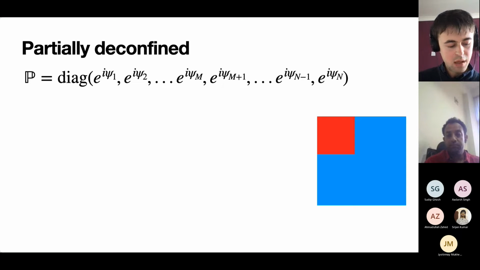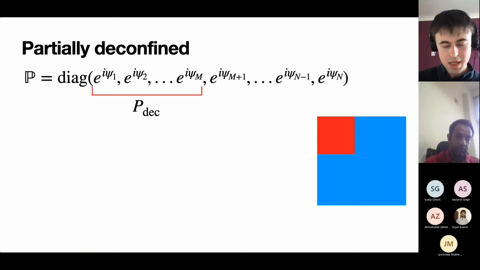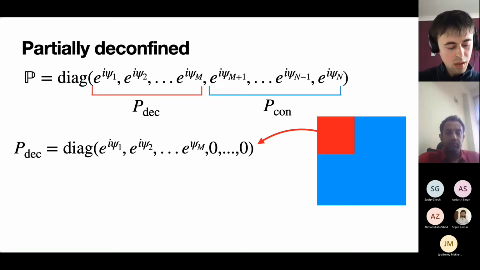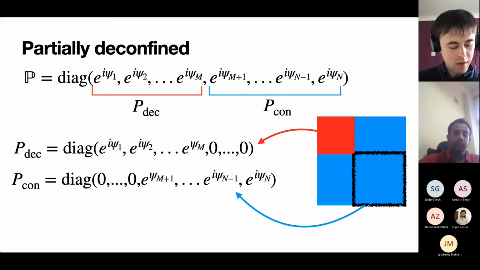We take the Polyakov loop, the holonomy, before tracing, and we take the eigenvalues and then we separate it into a deconfined part and a confined part, and basically project onto the different sectors. So in the deconfined part, we take zeros in the confined sector, and for the confined part, we take zeros for the deconfined sector.